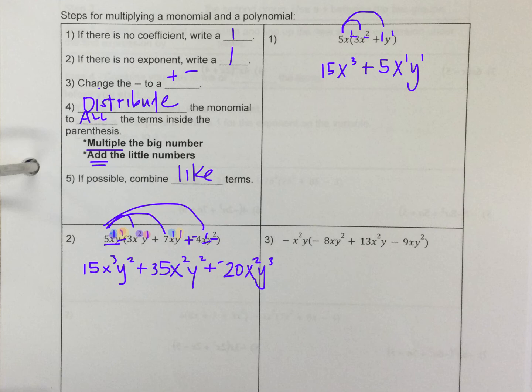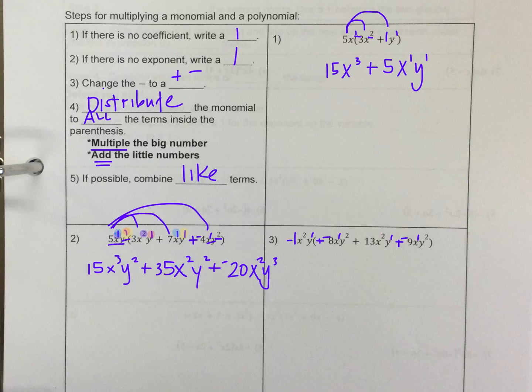Number 3, first step, we put a 1 right here. It's the only place we need it. Now I'm going to put some little ones on, everybody gets a 1 if they don't have one, all the letters. All right, now I'm going to change my negatives. I'm going to change my minuses to plus negative. I can do this one right here if you want. Okay, and remember this is a negative 1 we're working with.